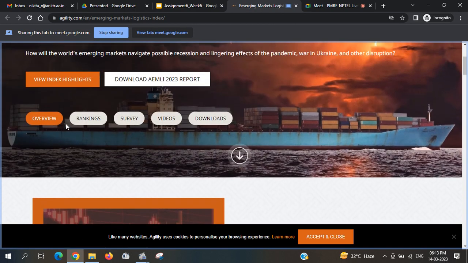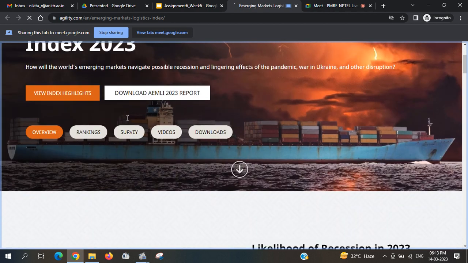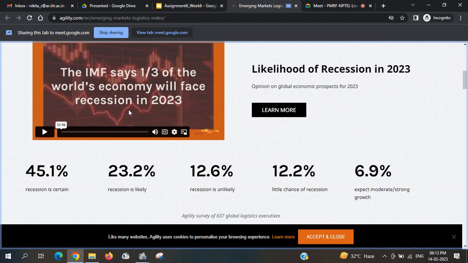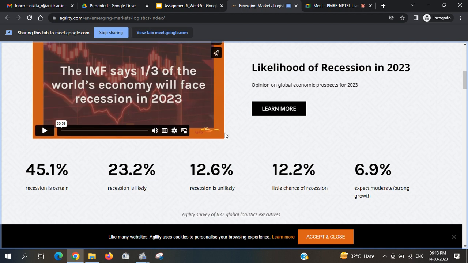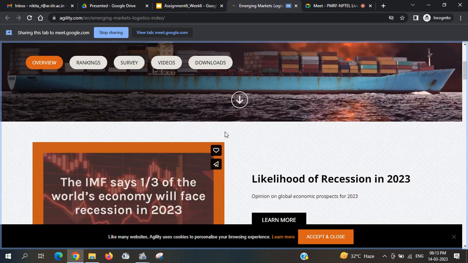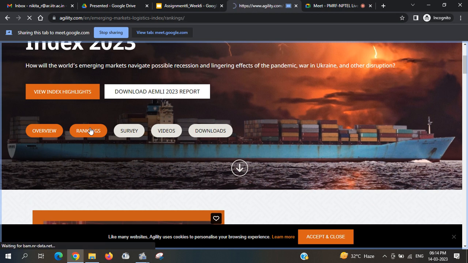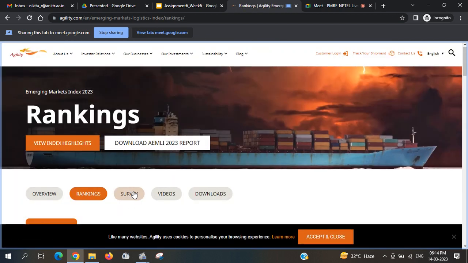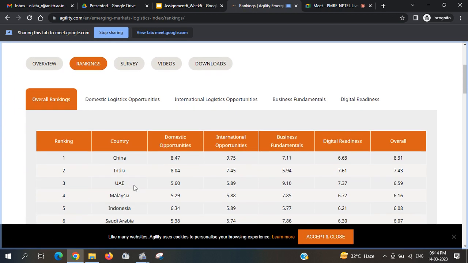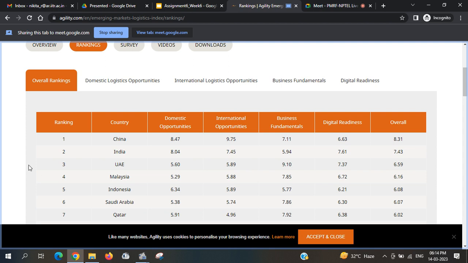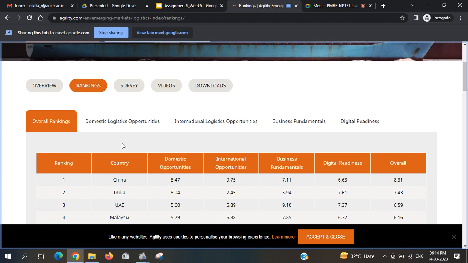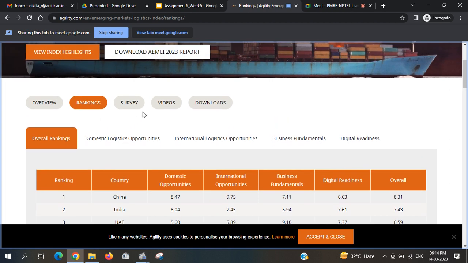For example, you can see an overview of the report here on their website. So this is for the year 2023. You can see the rankings. Even for the year 2023 the rankings are similar.